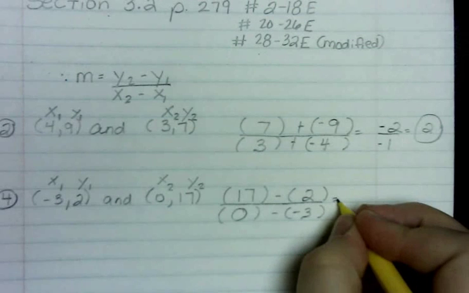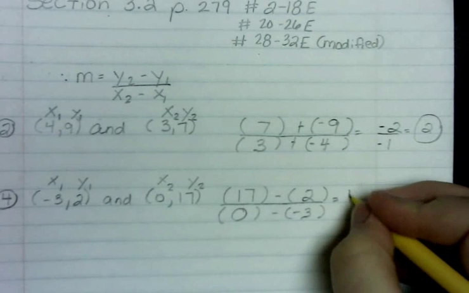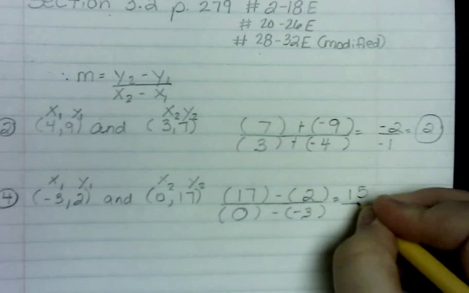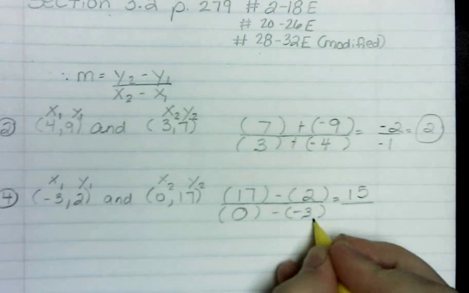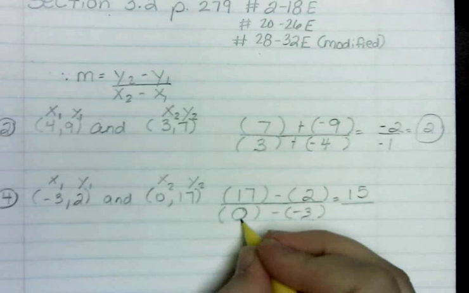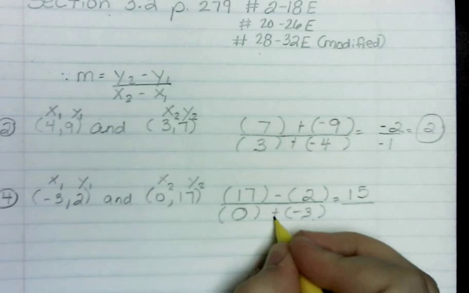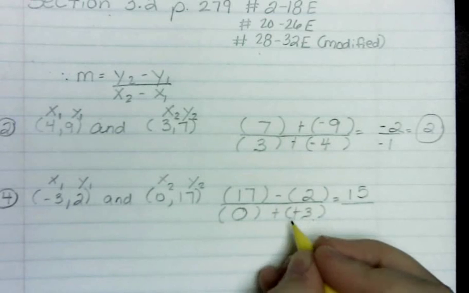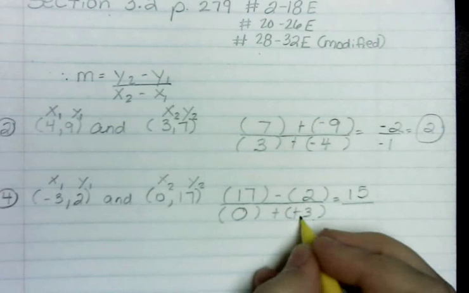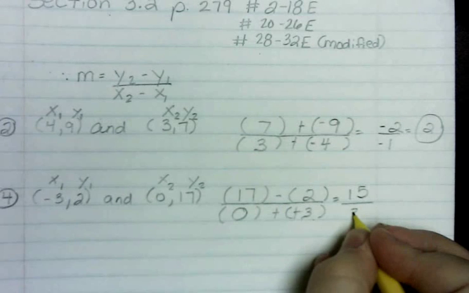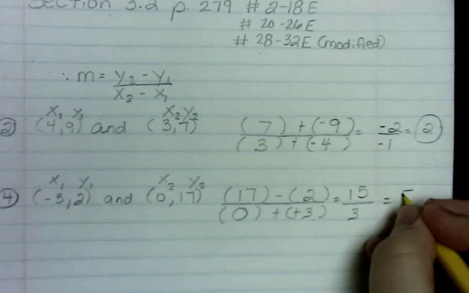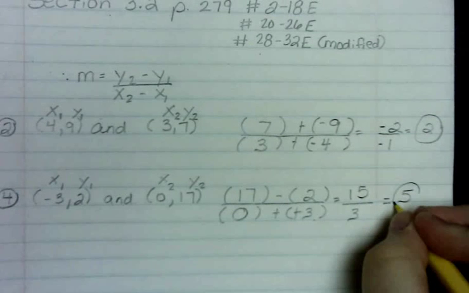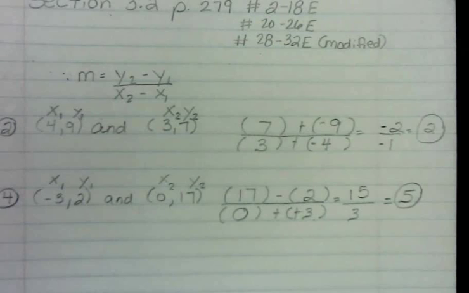So 17 minus 2 would be 15. And then you've got 0 minus -3. So our subtraction rule, keep, change, opposite. So you're adding. So 0 plus 3 is 3. Then we have 15 divided by 3, which is 5. We have now found our second slope.